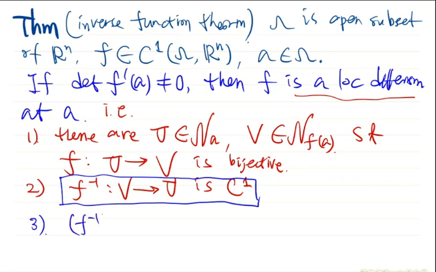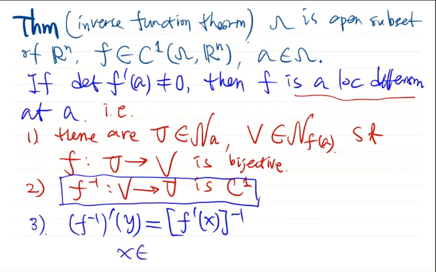The derivative of this inverse map at every point equals the inverse matrix of the derivative of F at x. Here, x is a point in U, and y is F(x). Or you can say this is equivalent to x being the inverse map applied to y.